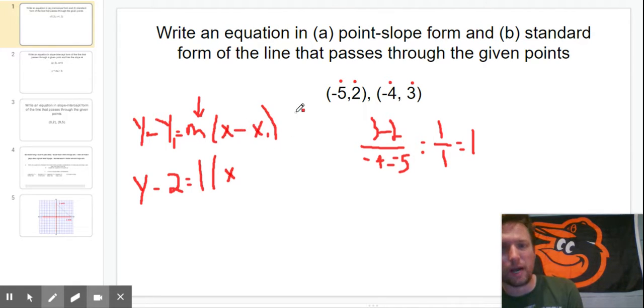But in this case, you wouldn't subtract negative, you would add 5. So one of our equations would be y minus 2 equals x plus 5.